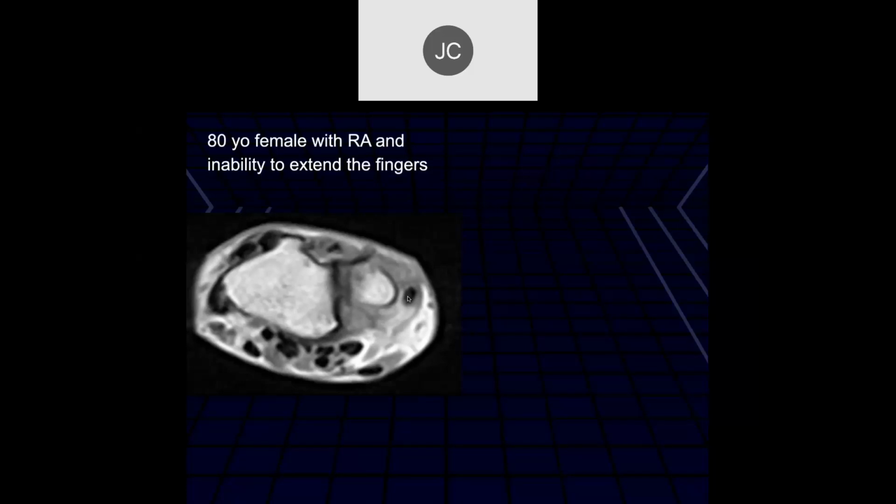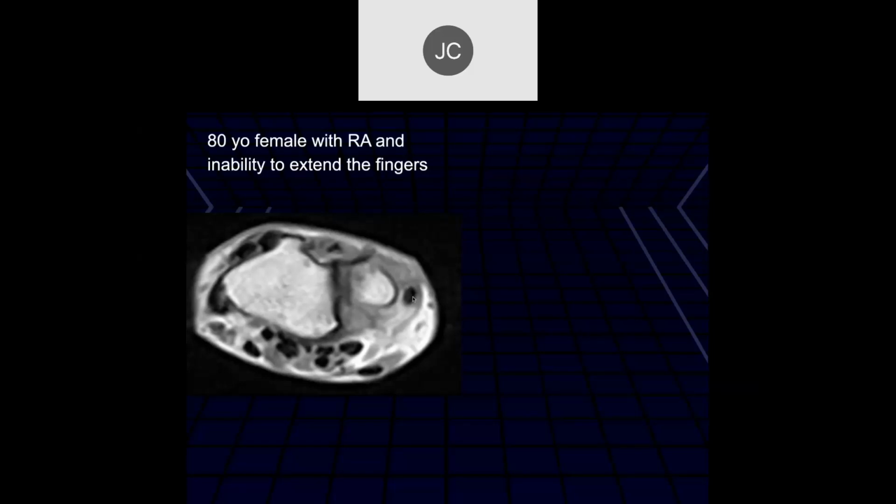Let me talk a little bit about the ECU. In long-standing rheumatoid arthritis, virtually 100% of them will have subluxation of the ECU. And we did a little study looking at those. Basically, 100% of those patients will be asymptomatic in the area of the distal ulna, as opposed to young athletes that get traumatic displaced ECUs, where 100% of them will be highly symptomatic in that location.